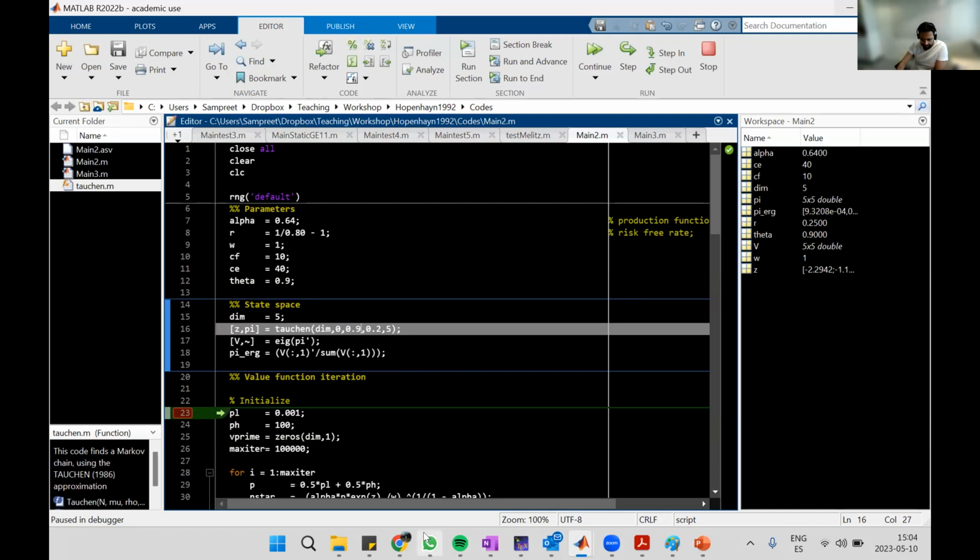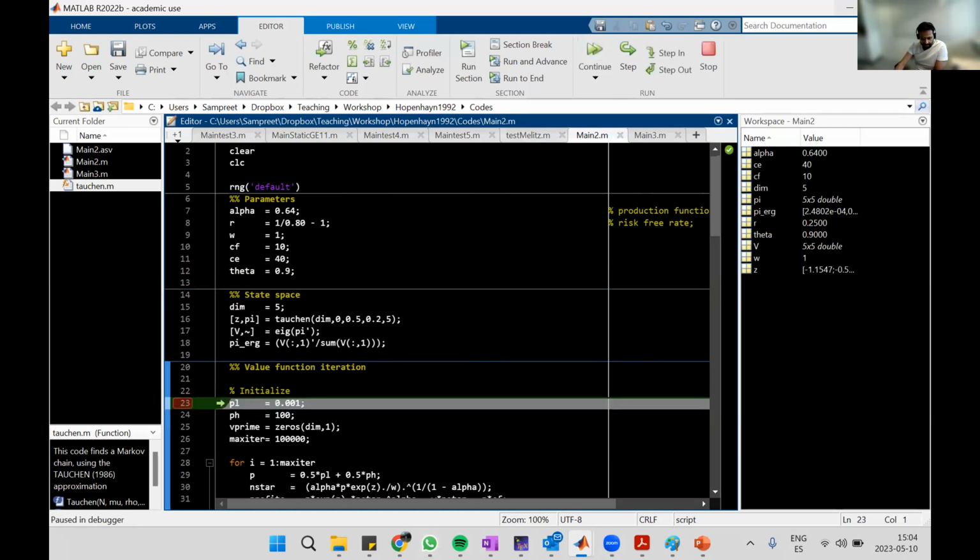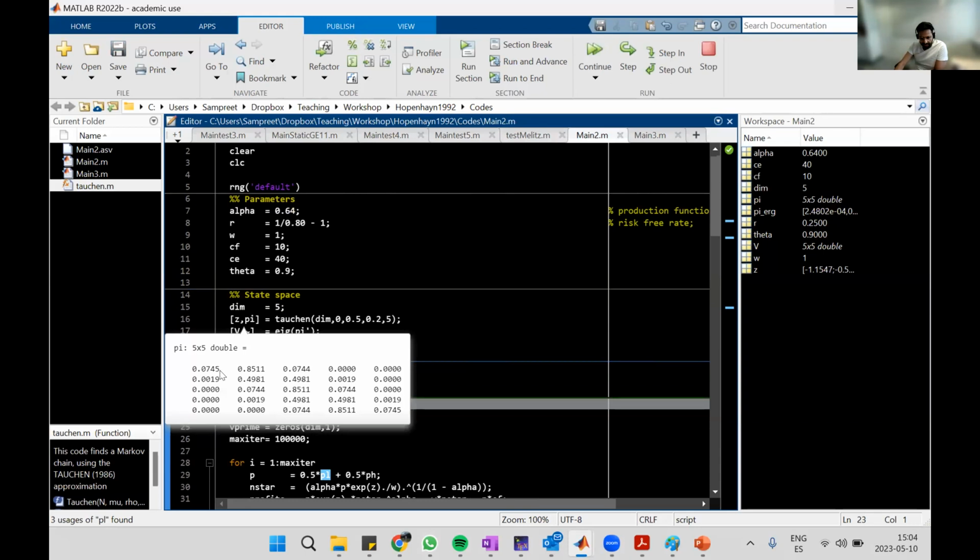Remember, if I put here 0.5 instead of 0.9, then you can see that the persistence has decreased a lot. The diagonal elements are much smaller. The transition probability of being in the same state tomorrow as today is much lower because persistence is much lower.